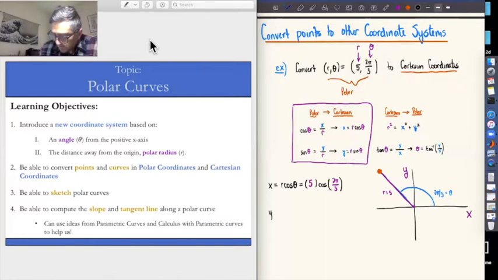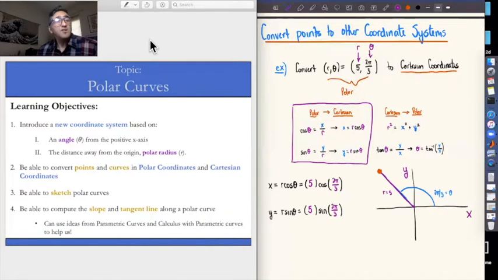We can do a similar thing for y. y is equal to r sine theta. So we're just plugging in what we know. We know r is 5 and theta is 2 pi over 3. So that's our point. We need to make sure that we're actually landing at the correct point though.